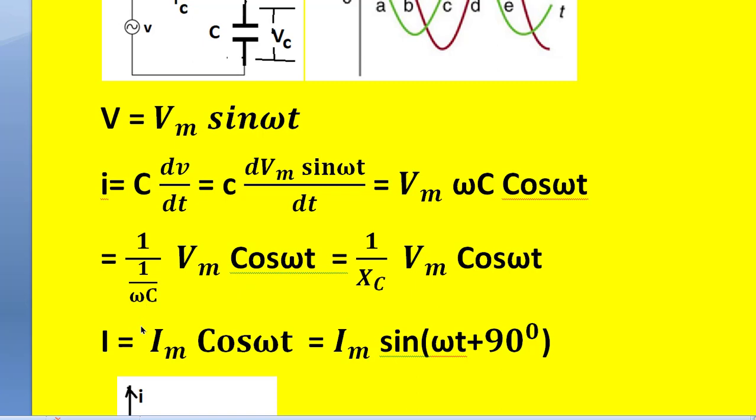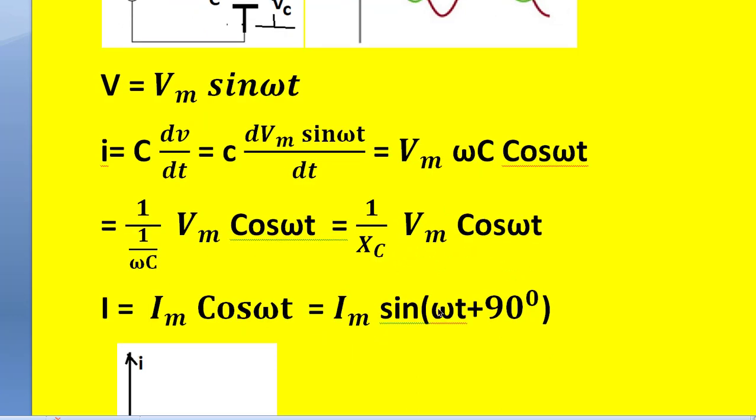This 1 by omega C is nothing but Xc, the reactance of the capacitor. So we write like this: 1 by Xc into Vm into cos omega t. So Vm by Xc is nothing but the maximum current that flows through the capacitor. So we write I is equal to Im cos omega t.